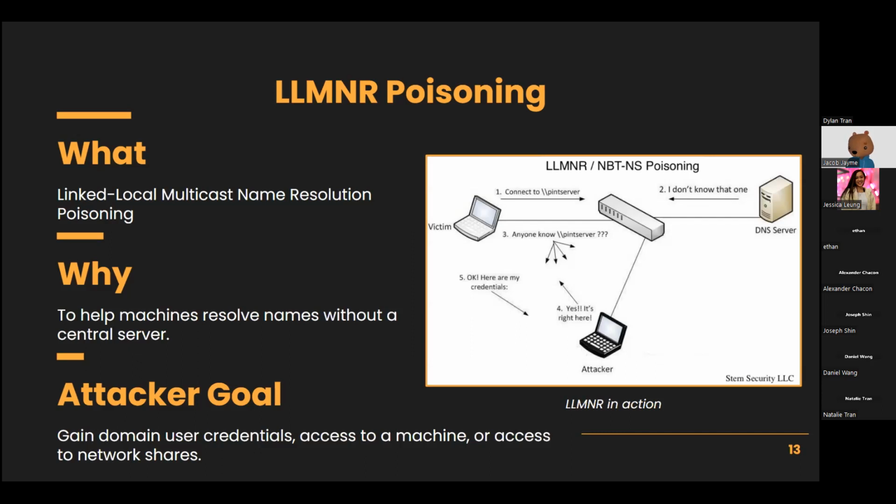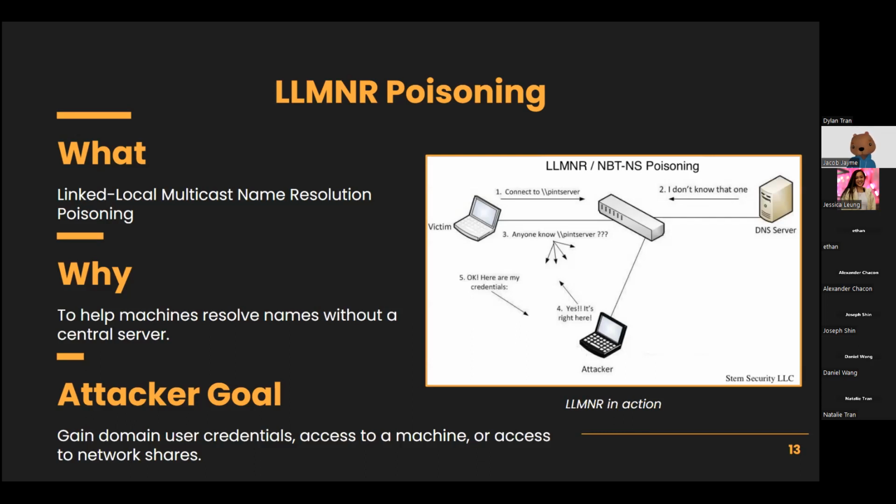What it basically does is if a computer can't figure out who the name is because either the computer doesn't know it and or the DNS server can't resolve it for them, they're going to start shouting to everyone else in the network, just asking, who is this computer? And then either A, none of the computers know and just cry about it, right? Or B, one of the computers does know who that computer is and they respond and tell the person who is asking everybody what that computer actually is.